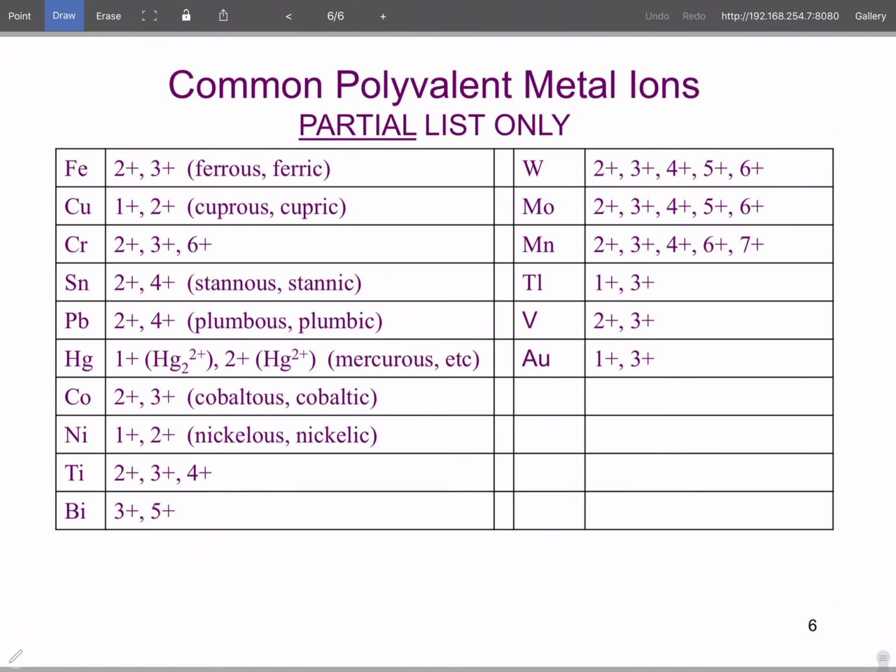Now, some of them, and these are mostly within the transition metals, will have variable oxidation states. And if you'll notice, some of them have different names that go with them. There's a later slide, but I'm going to go ahead and tell you right now, you're going to be responsible for the naming on those, not the rest of them. But when you have different oxidation states, you're going to have to name them differently.